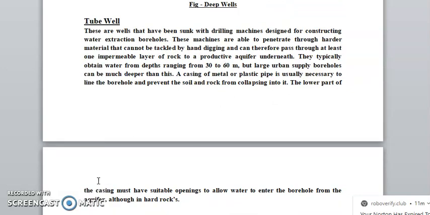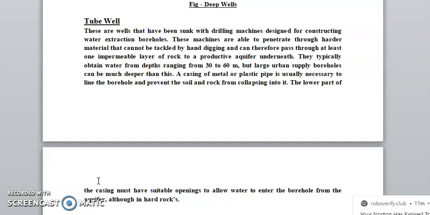Tube wells are wells that have been sunk by a drilling machine, with design and construction as a bore well. This machine is able to penetrate through harder material that cannot be excavated by hand digging, and passes through at least one impermeable layer of rock to the productive aquifer underneath.